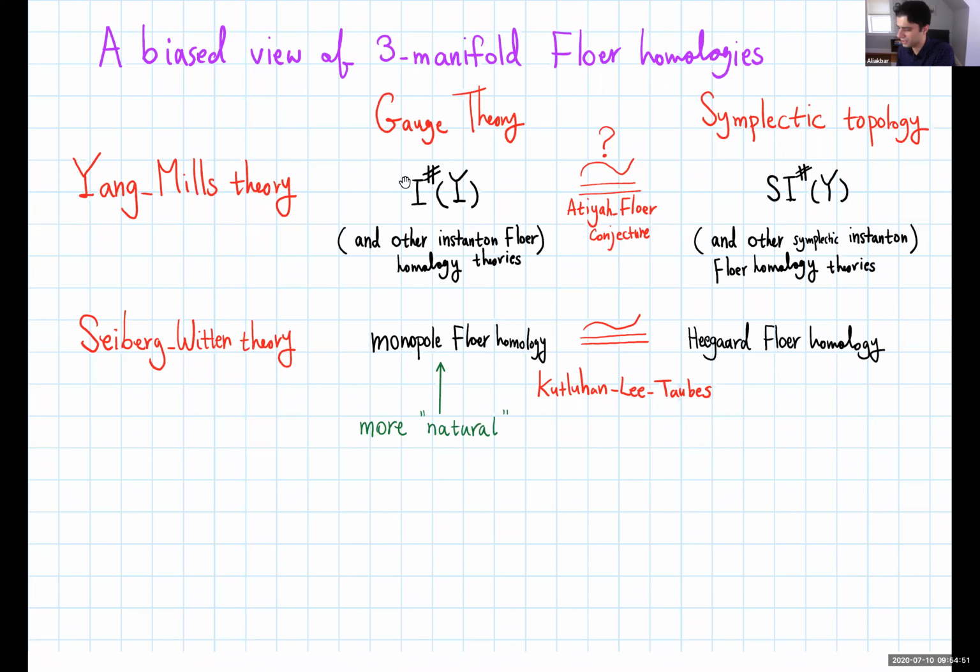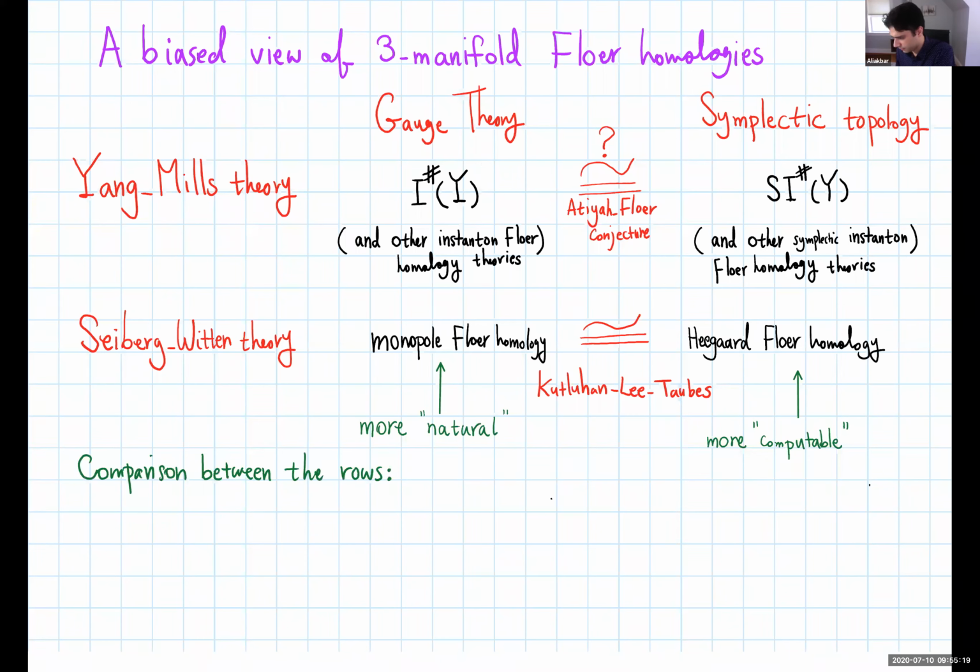For example, you don't have to fix a Heegaard splitting to define invariants in the first column, but that's something you have to do for the invariants in the second column. But the invariants in the second column are more computable, partly because the PDE that you have to solve here is the Cauchy-Riemann equation, and here it's a PDE defined on a four manifold.